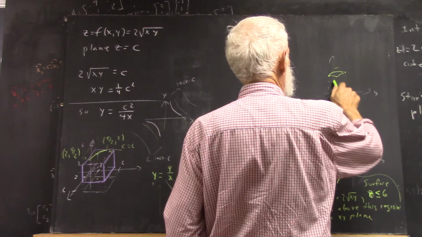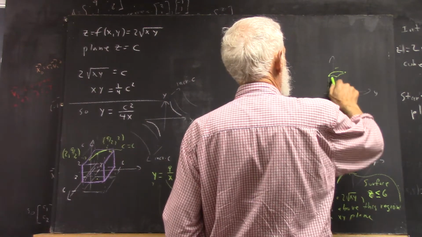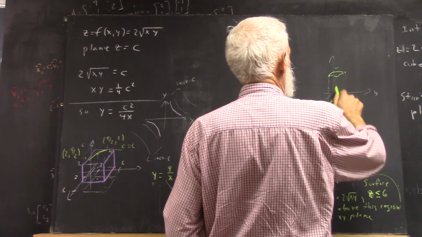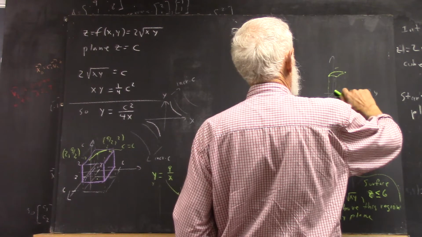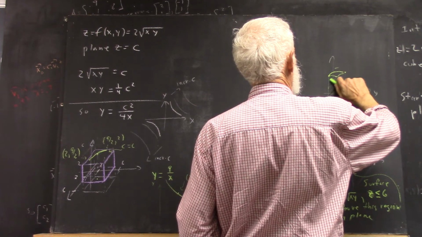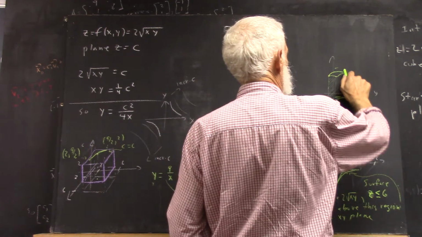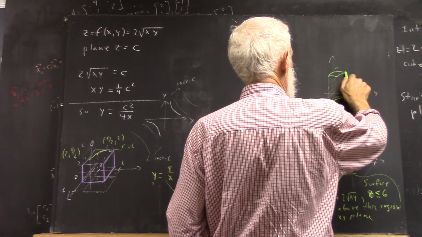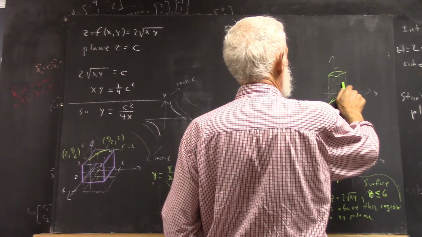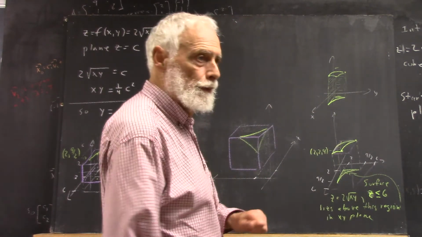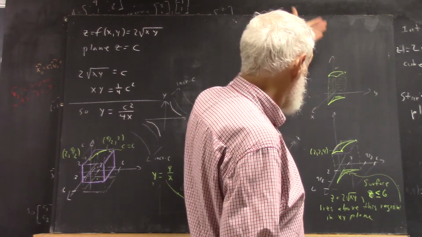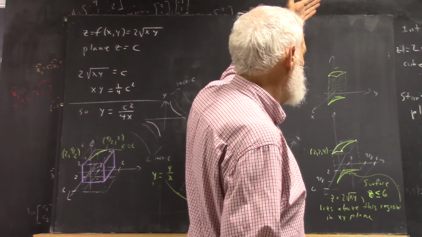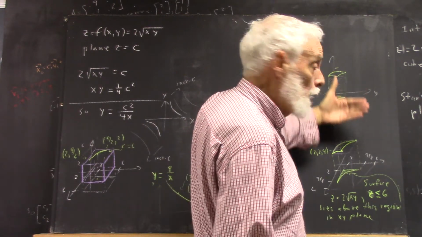So this region here is in a plane parallel to the XZ plane. This region here is in a plane parallel to the XY plane. Okay? Just like you're looking at the back, you know, the plane x equals 2, the plane y equals 2.